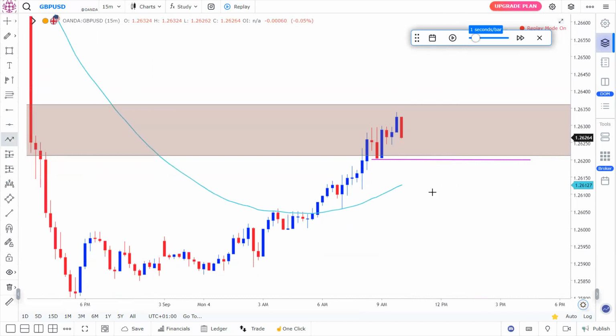So now all I want to see price do is have a break of this previous higher low, shifting the market structure from bullish to bearish already on the 15-minute time frame. And then at the retest of this level, I would then look to get in on the sell trade.